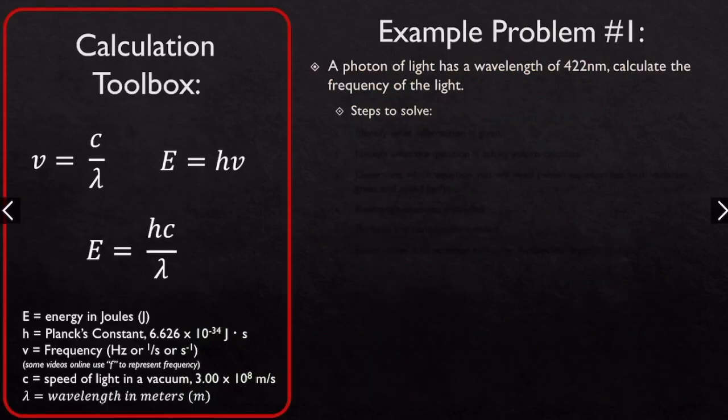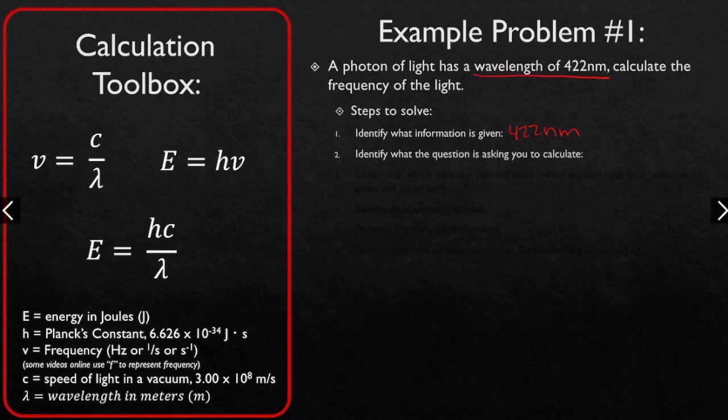So example problem number 1 says, a photon of light has a wavelength of 422 nanometers. Calculate the frequency of the light. So the first thing I'm going to do is identify what information is given to me in this problem. I'm given a wavelength, 422 nanometers, and it's asking me to calculate the frequency of this light.